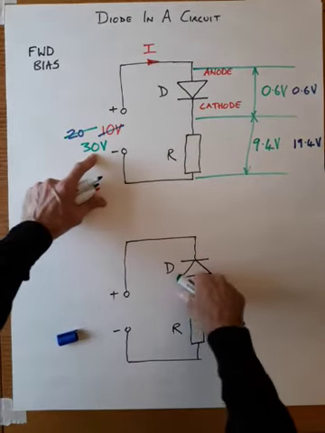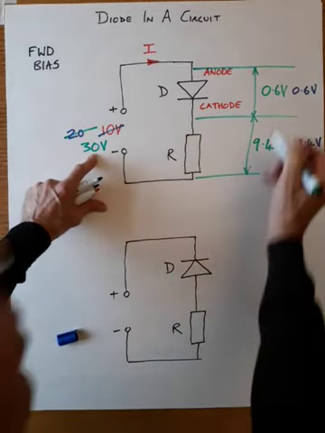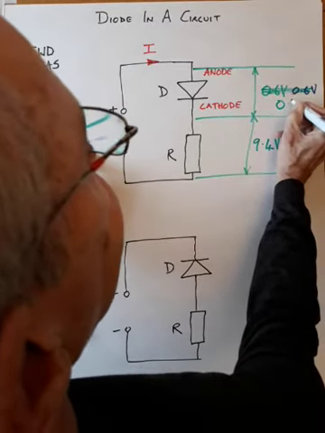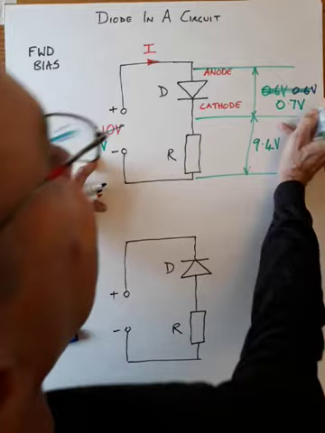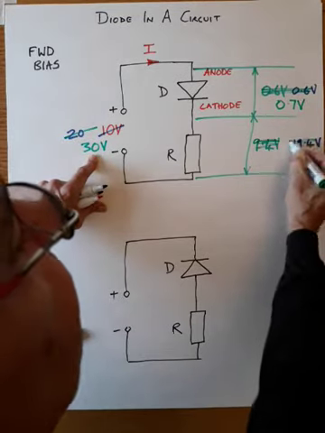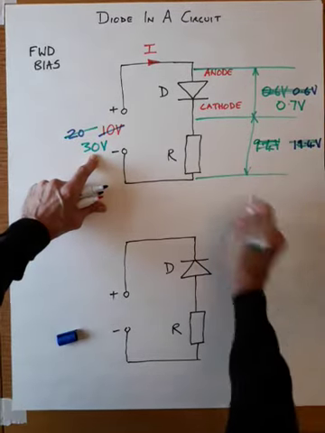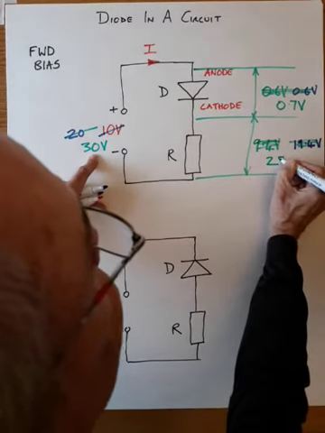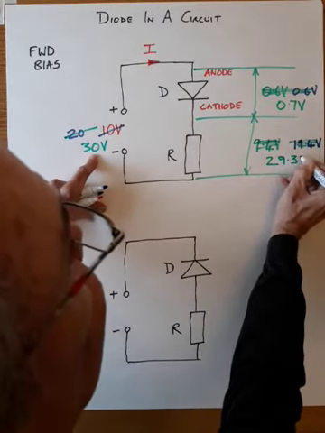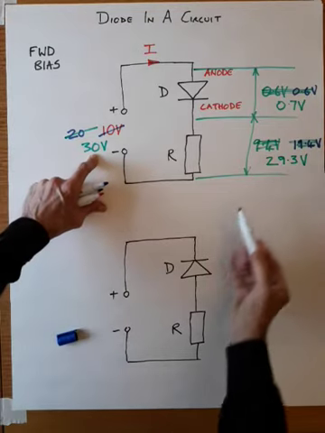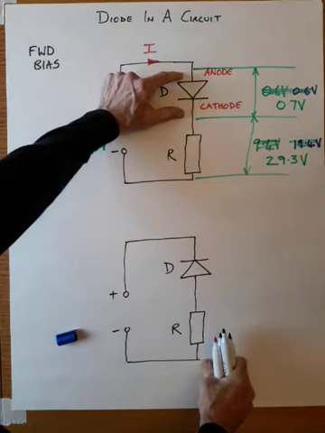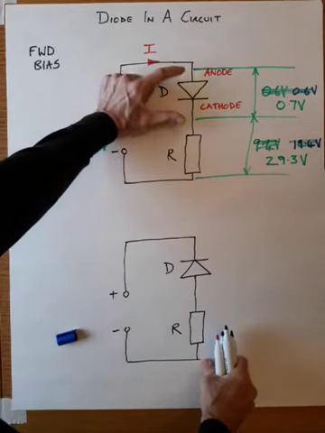We've increased the voltage quite a bit. What will probably happen is the voltage across the diode will creep up to maybe 0.7 volts, in which case the potential across the resistor will now be 29.3 volts.